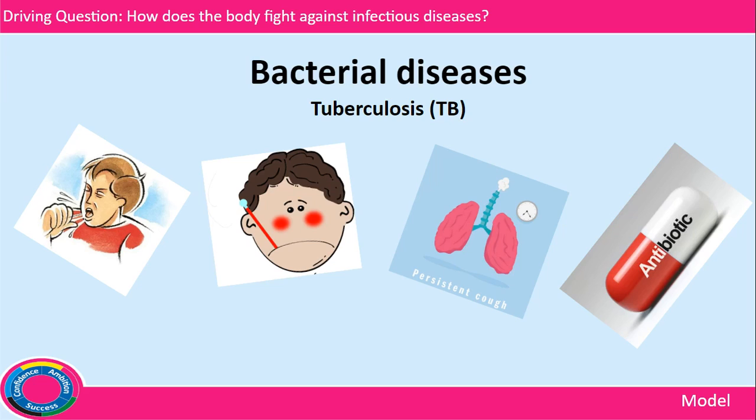But because of new strains of the disease, the pathogen has become resistant to the antibiotic. When we say the pathogen has become resistant, it means the pathogen can no longer be killed by the antibiotic.